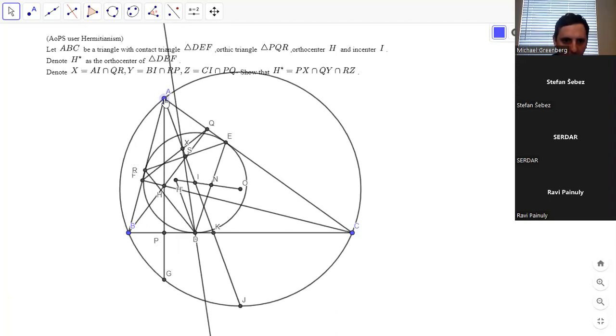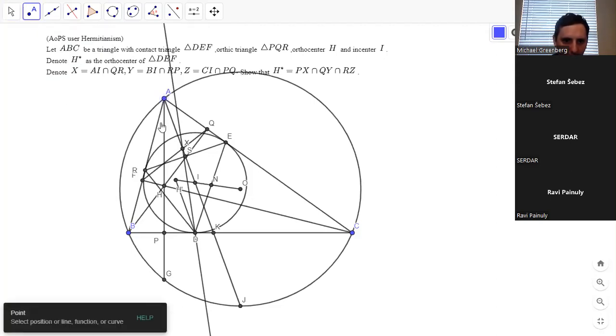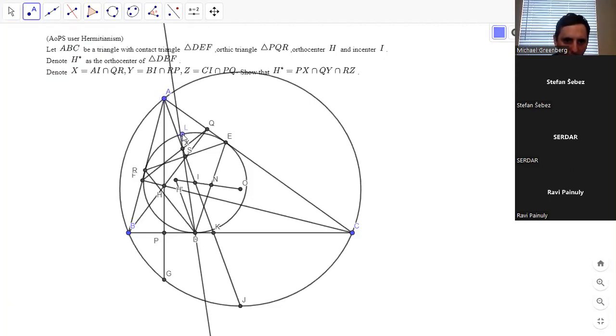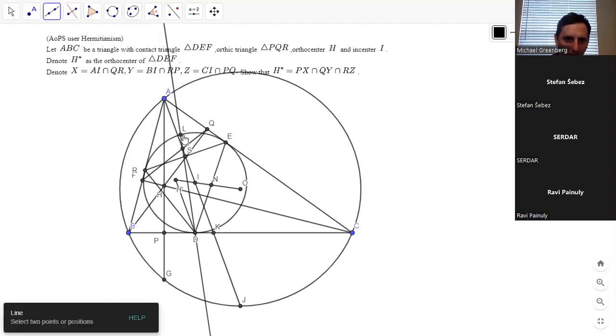If we let it intersect the circle at a point, is there anything special about that?